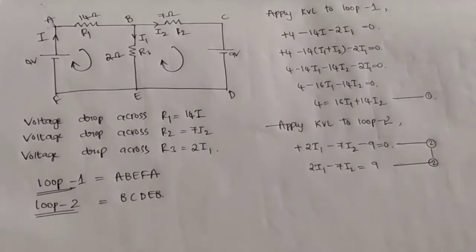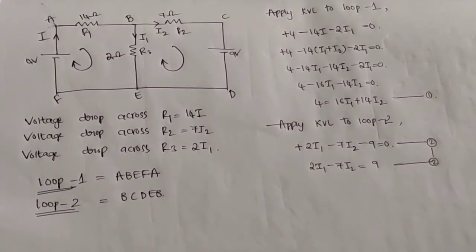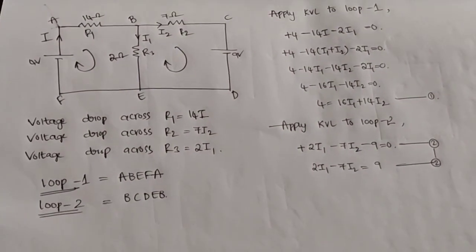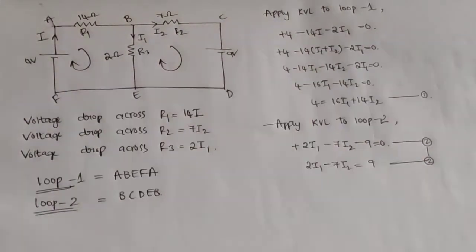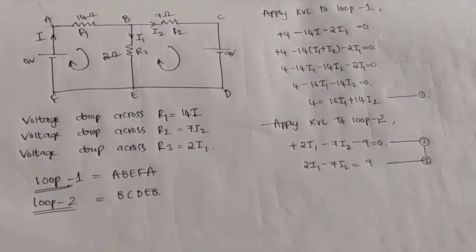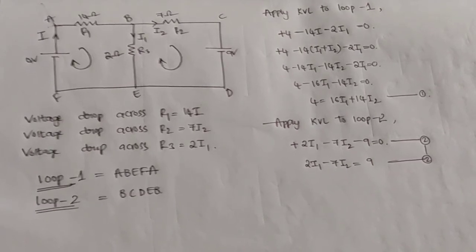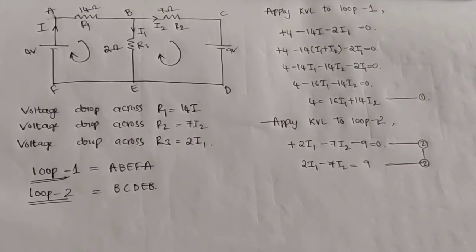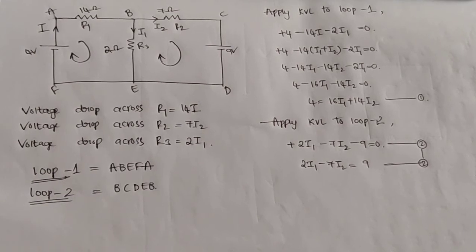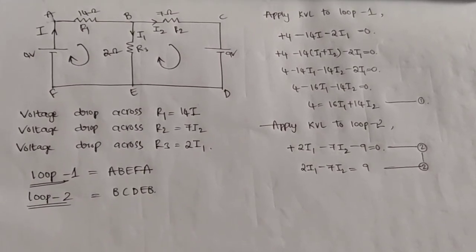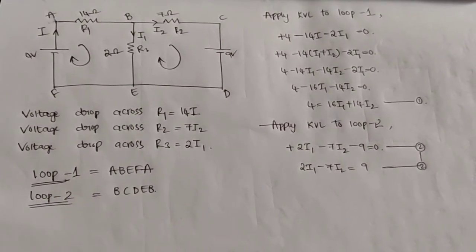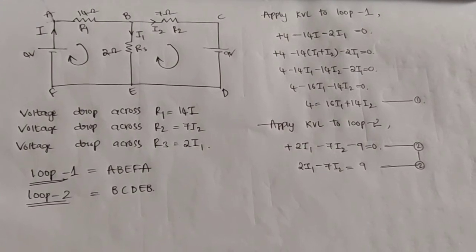The current across the 7 ohm resistor, I2, is negative because it is in the same direction of movement, so it is taken as minus 7I2. At the battery we are moving from higher potential to lower potential, so it is taken as minus 9. Sending the minus 9 to the right-hand side, we get 2I1 minus 7I2 equals 9.